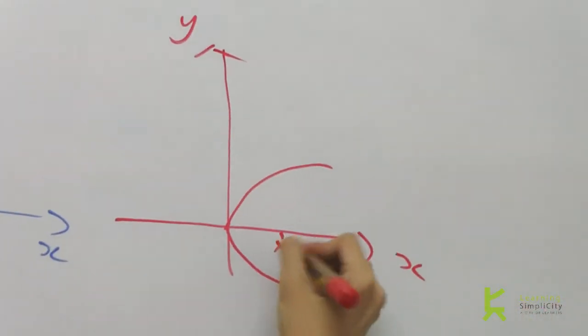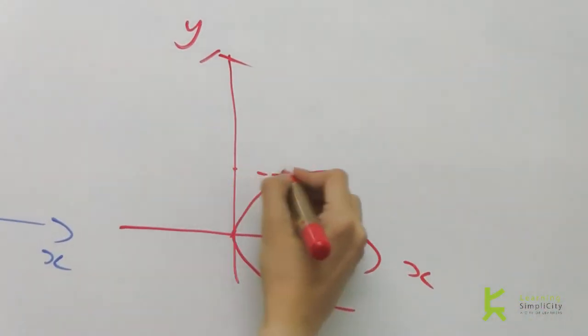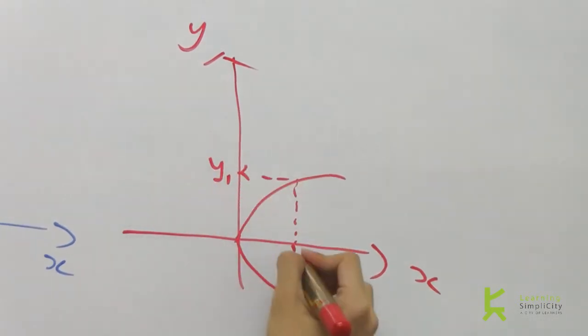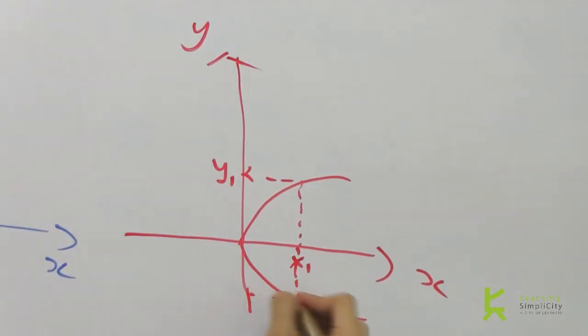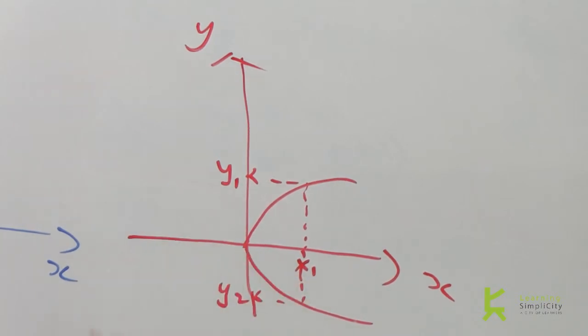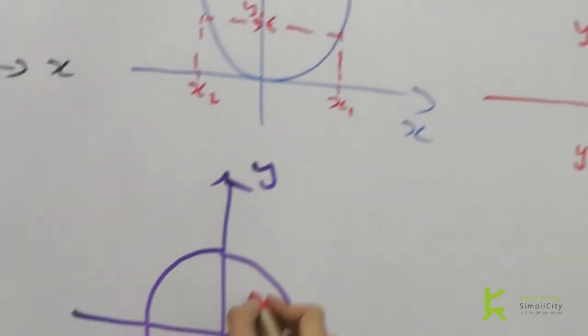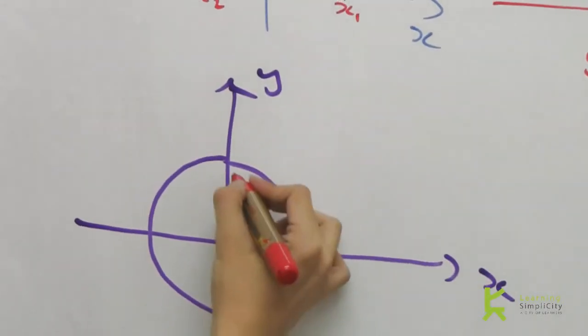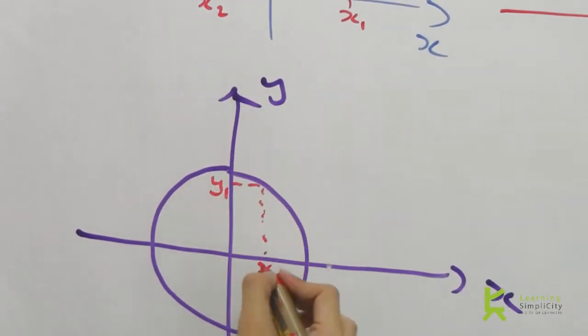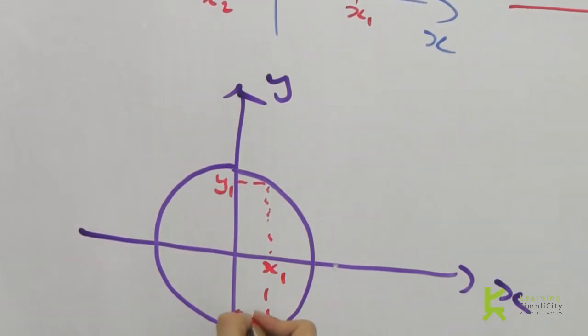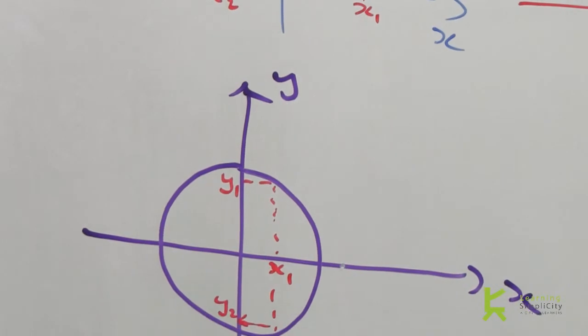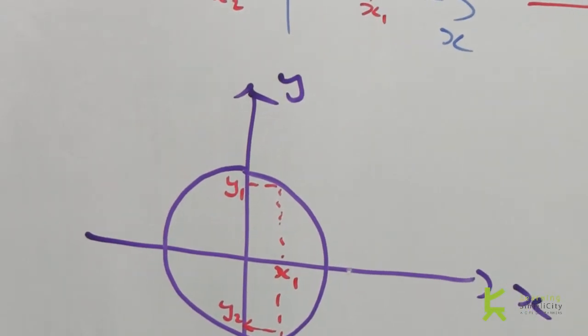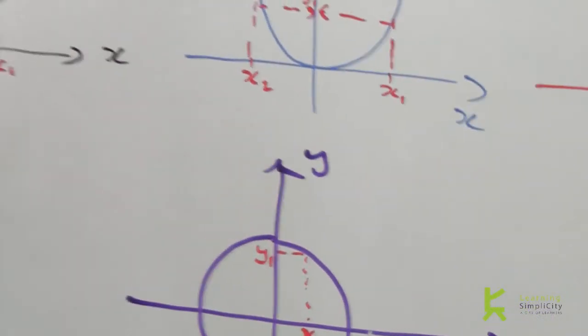For the next graph, y squared equals x, for one particular x value, you have two corresponding y values. For the last graph of the circle, for a particular x value, you have two y values. In addition, for two x values, they also share the same y value, which I've not illustrated on the graph.